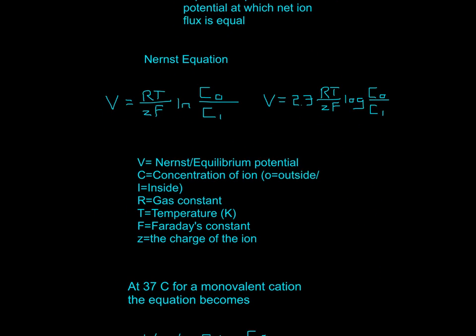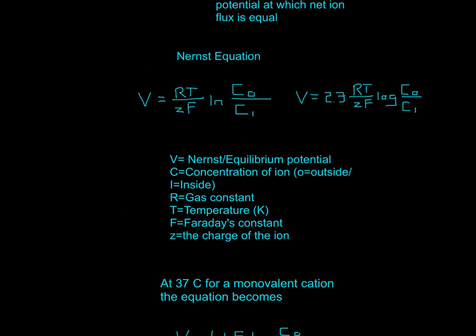So what is the Nernst equation? We have two of them. We have V equals RT/ZF ln of C outside over C inside. To go over all these terms, V is the Nernst or equilibrium potential. Remember that volts is equal to potential.